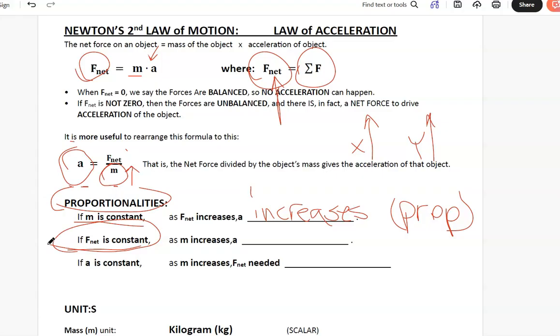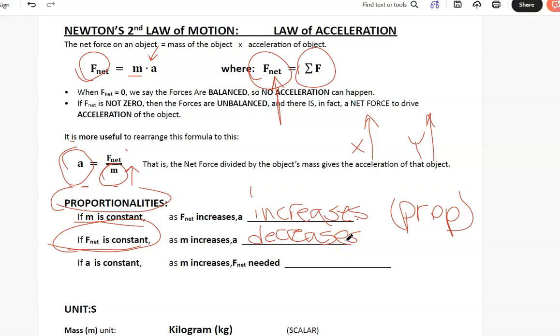But a high mass, now kick a bowling ball, something with a huge mass. The acceleration will be much smaller. It will decrease. And that comes right out of common sense, but it also comes out of this formula. If the mass goes up, this number will come down. All right, now let's look at the third example here.